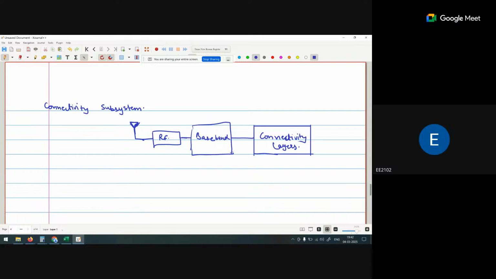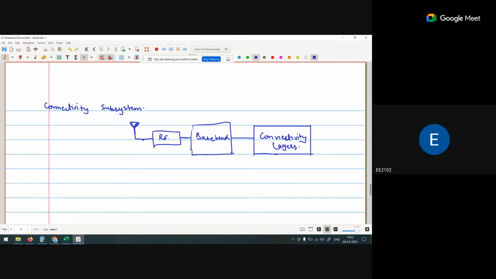Here we are using this connectivity subsystem. Along with that, we require a power amplifier and an LNA, low noise amplifier. These are the main parts of the connectivity subsystem.